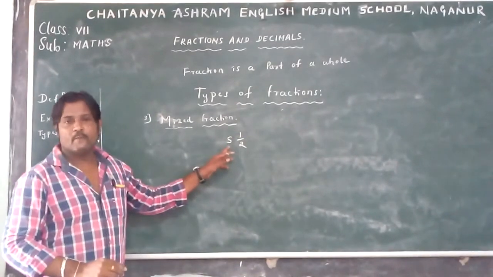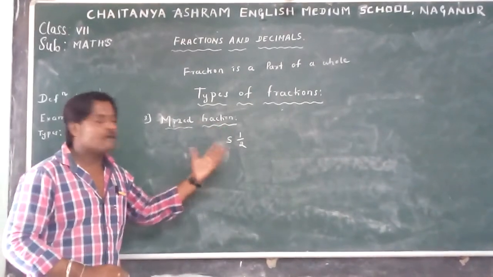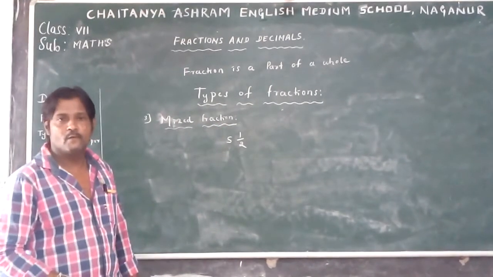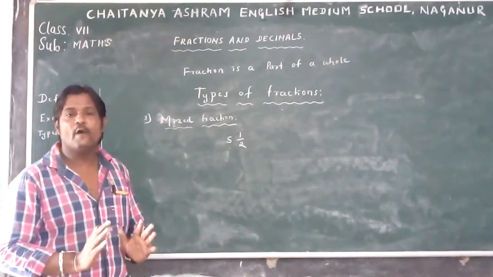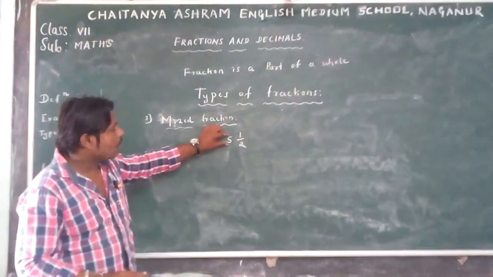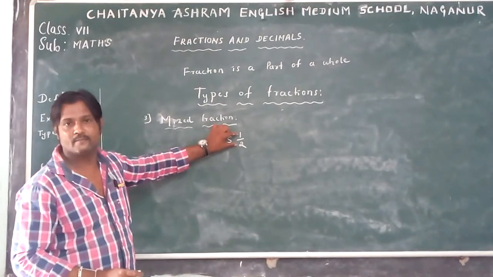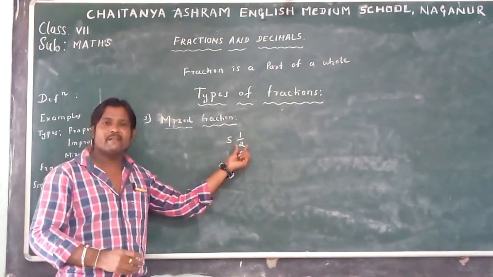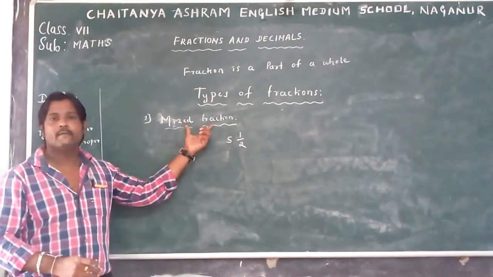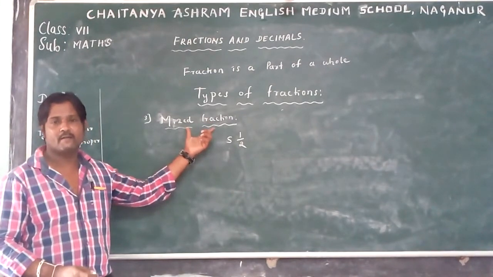This is an example for mixed fraction. Why is it called mixed fraction? Mixed fraction means it is a mixture or a combination of a whole number and a proper fraction. A whole number along with a proper fraction is called another type of fraction, that is mixed fraction.